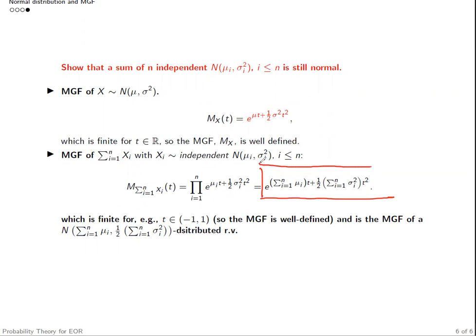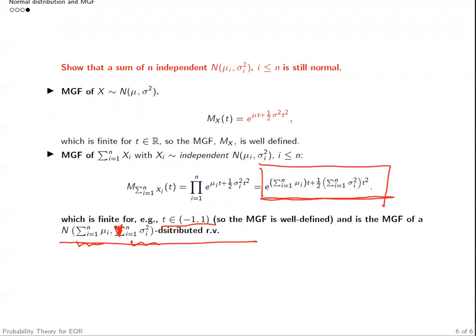Now if we take a close look at this moment generating function, of course it's also well defined because it takes finite value, for example, for t from -1 to 1. So the moment generating function of this summation is well defined. And this is also the moment generating function of a normal distribution with the mean equal to the summation of mu i's and the variance equal to the summation of sigma i squared's.